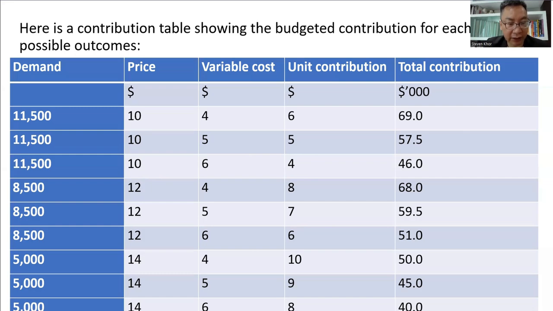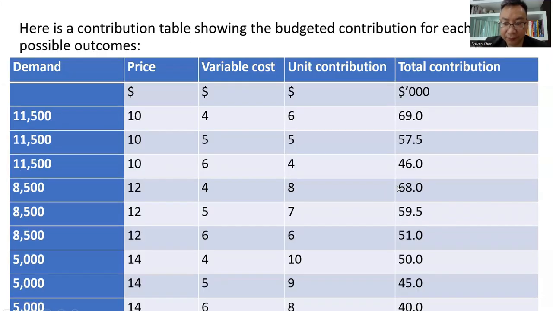So now we have 3 types of pricing. Out of this, let's say you set 10. The maximum contribution is 69. Let's say you set 12, the maximum contribution is 68.